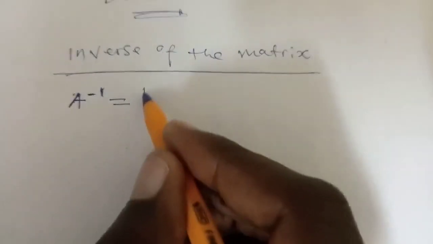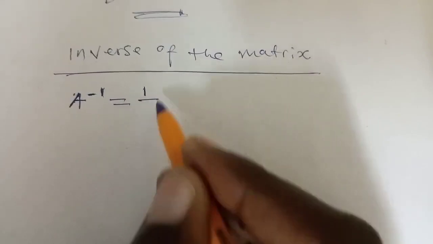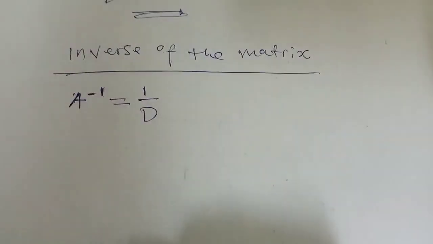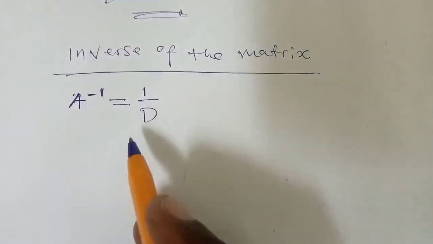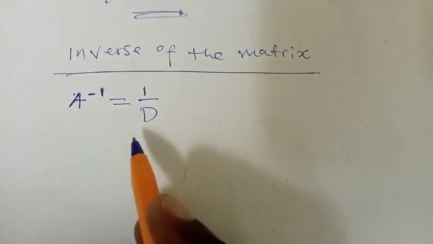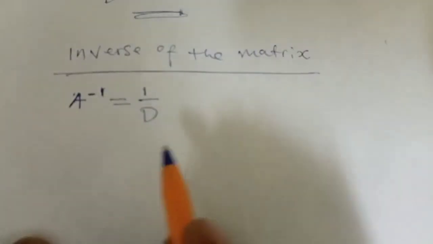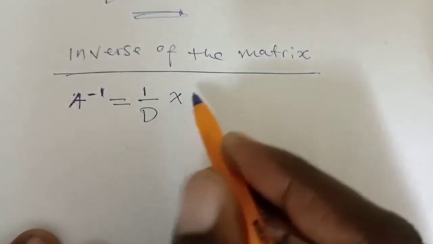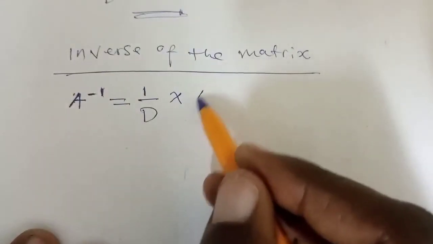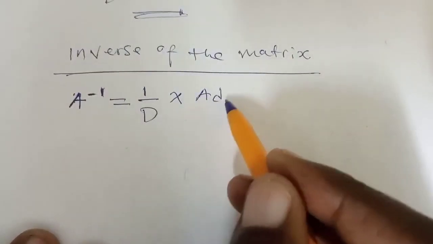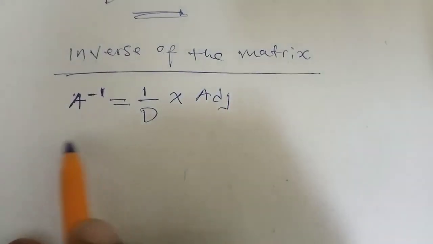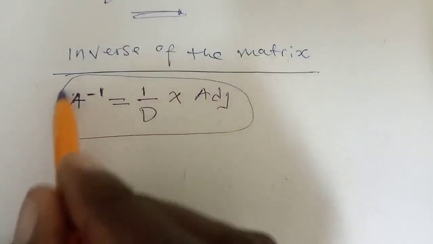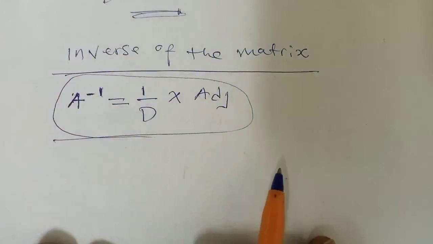Solving the inverse, it is 1 over the determinant that you are finding, multiplied by the adjoint. So you need to know what the adjoint is.